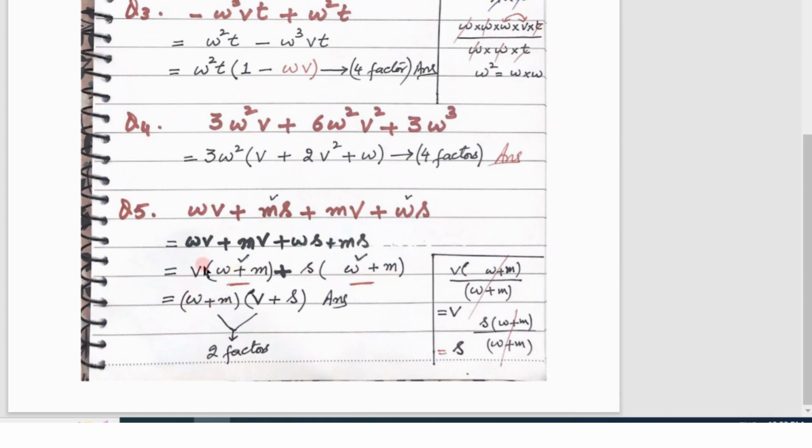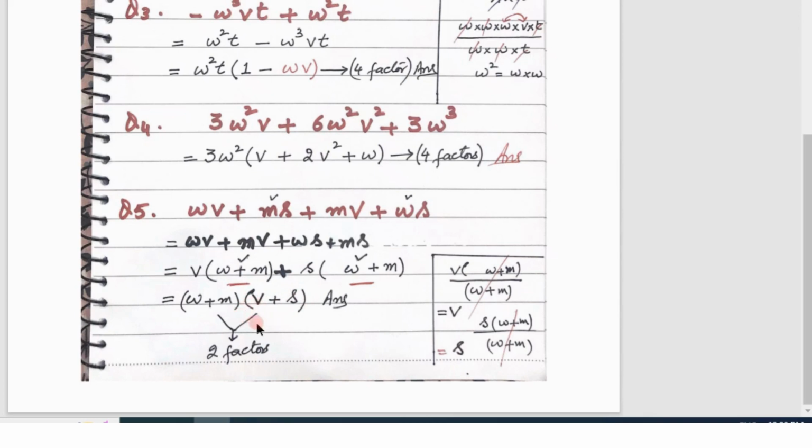We will write it down inside the brackets because it is already in the form of brackets. W plus M we have picked up from here. Imagine when it is not here, what is left behind? V. What is left behind? Plus S. Okay, this plus will come with S now. So V plus S will be enclosed inside the brackets as well.